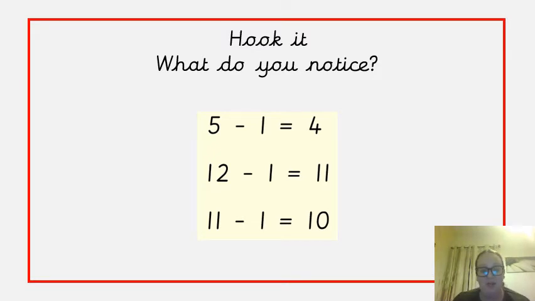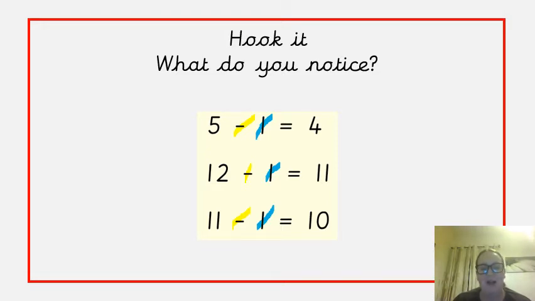I hope you've noticed that this is the same, and that this is the same in all of them. So they're all adding? No. They're all taking away.